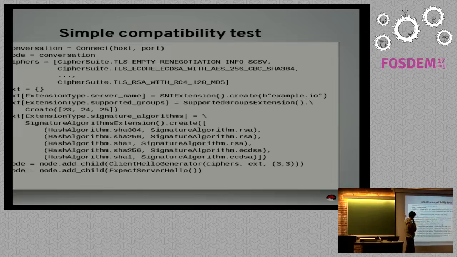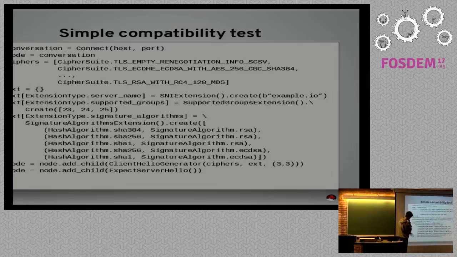We can also do supported groups, which will be for elliptic curve Diffie-Hellman, and signature algorithms that are for TLS 1.2. Finally, we tell it to generate the client hello with those values, and version 3.3, which means TLS 1.2 on the wire.